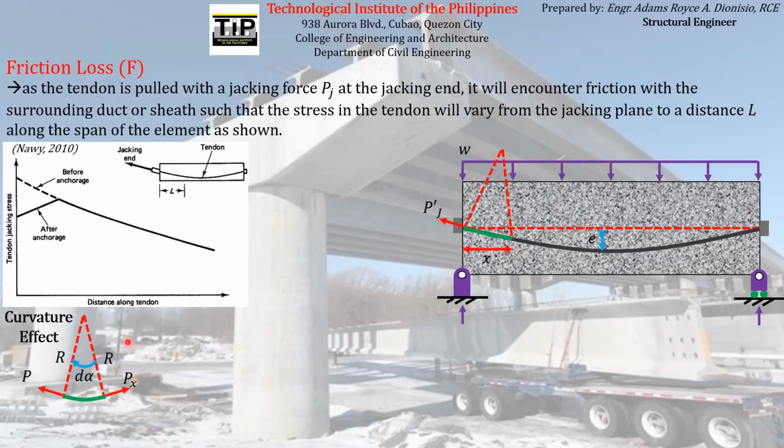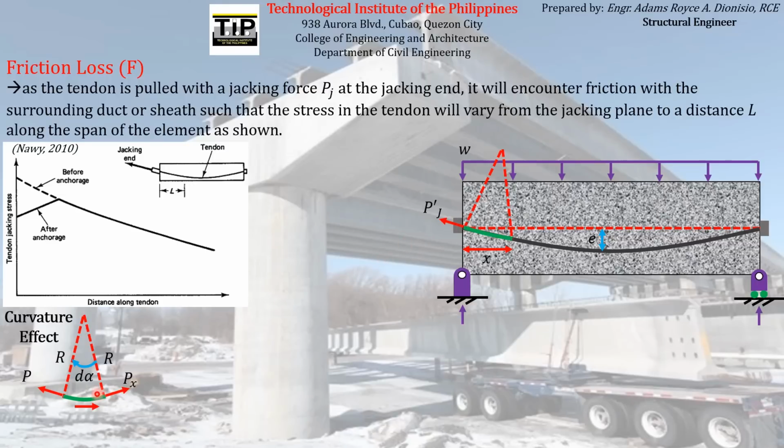Again, may I just recall, according to this graph here, we can see that the jacking force or the jacking stress is not actually constant along the length of the pre-stressing reinforcement. It actually diminishes in value. So you can expect that the magnitude of Px is less than the magnitude of P, which is the force acting on this jacking end.